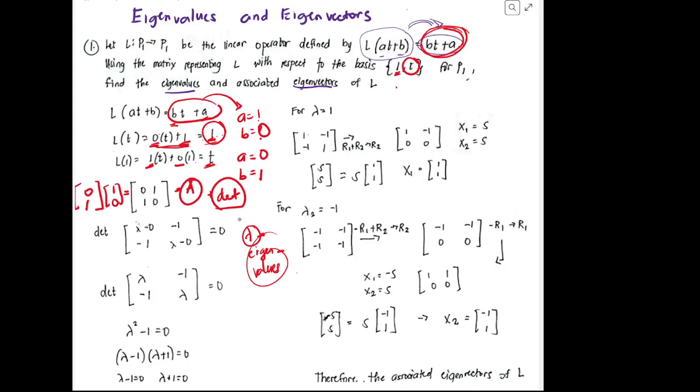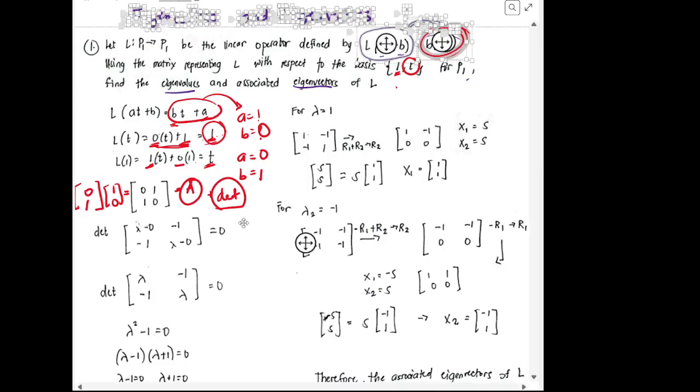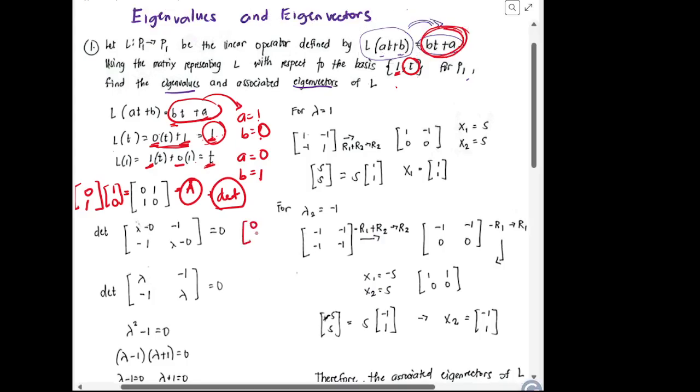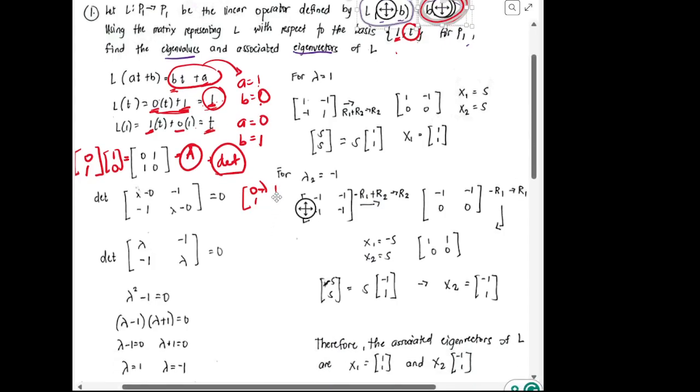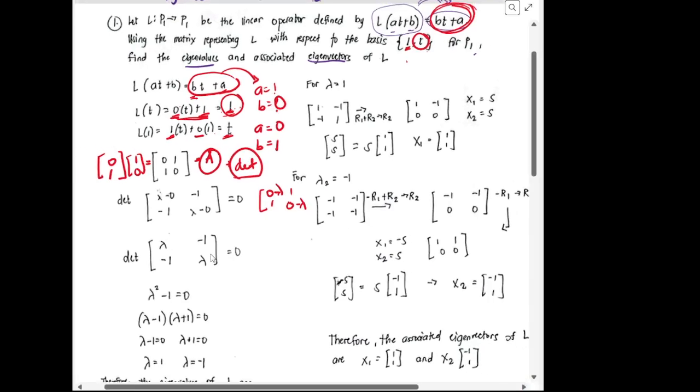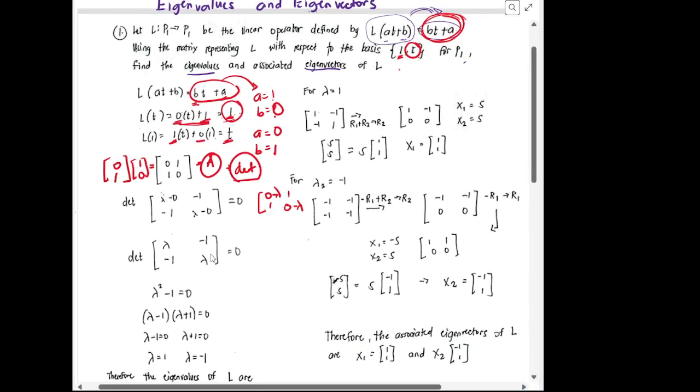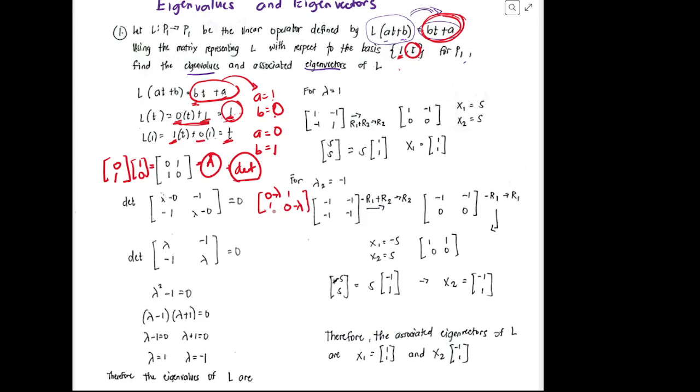Let's say, from 0, 1, 1, 0, you can subtract lambda directly from the diagonals only. 0 minus lambda. So again, we may subtract the lambda directly from the diagonal and then solve for the determinant.